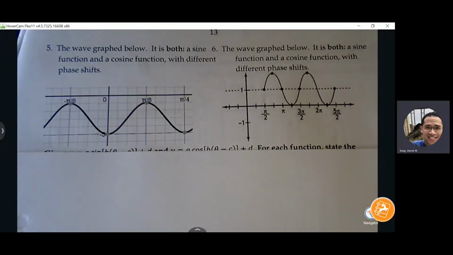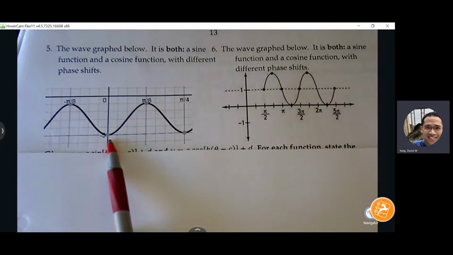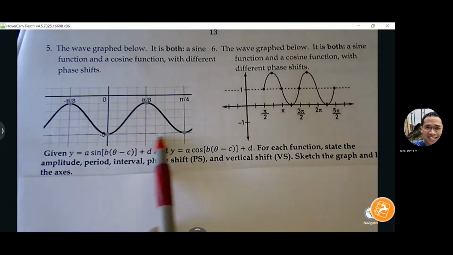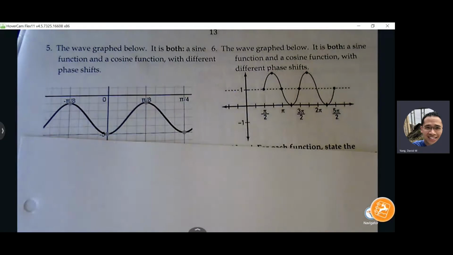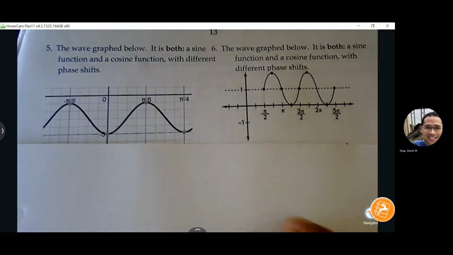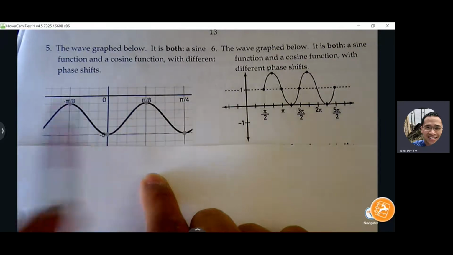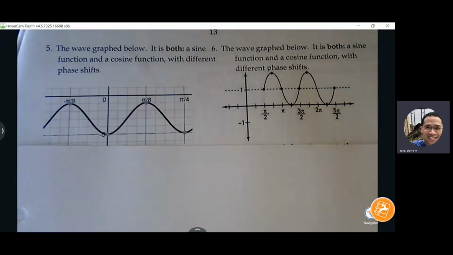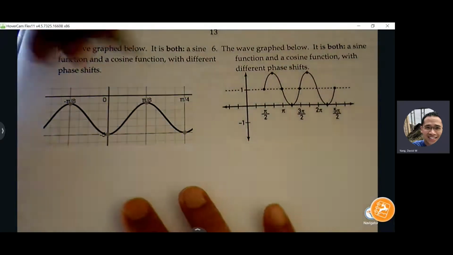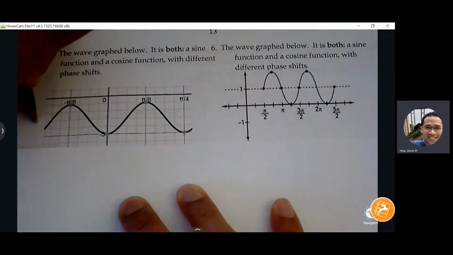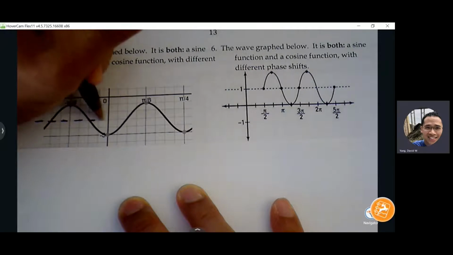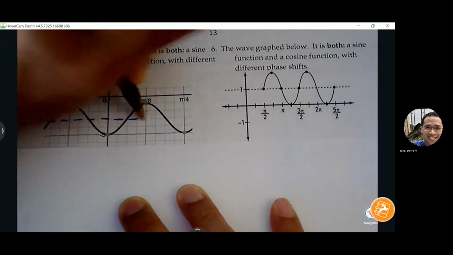Negative what? -5. Well, -5 looks like the lowest point, right? We want the center. We want a point where the graph is hovering above and below. 4 is a little too low. I think -3, right? -3 looks like it's halfway between -5 and 1. So I want you to draw a dotted line right through -3. Kind of gives you some perspective here. Helps you see where the center of the graph is.